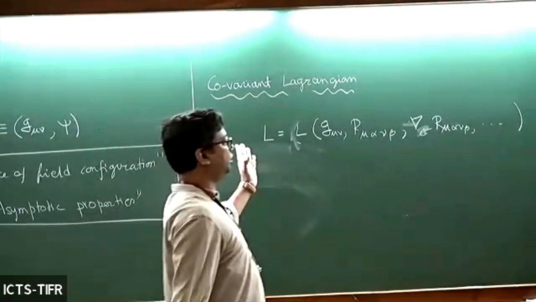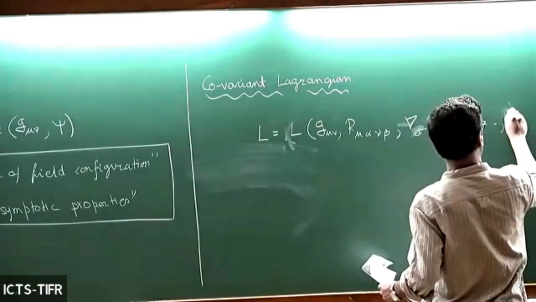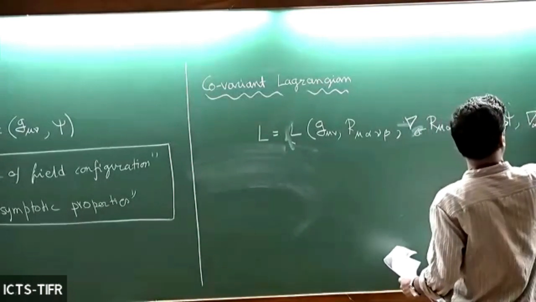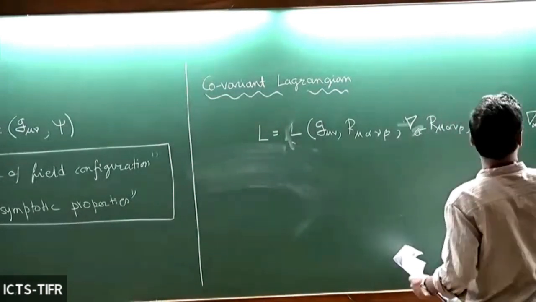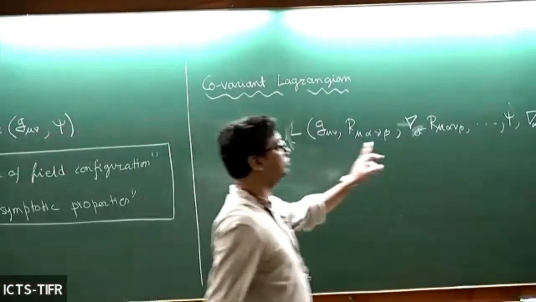This is the most general form of the Lagrangian you can write. And remember there could be more fields, so it can depend on psi, and so on. This is the structure of the Lagrangian with which you will be working.